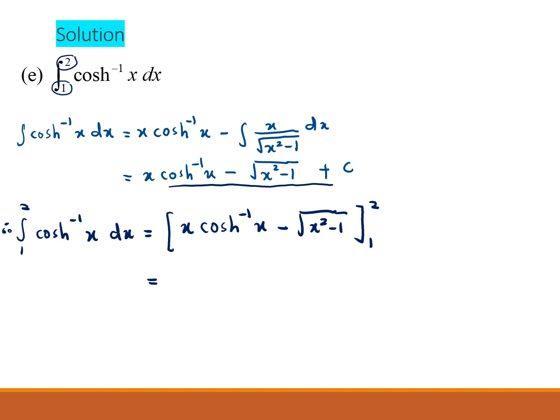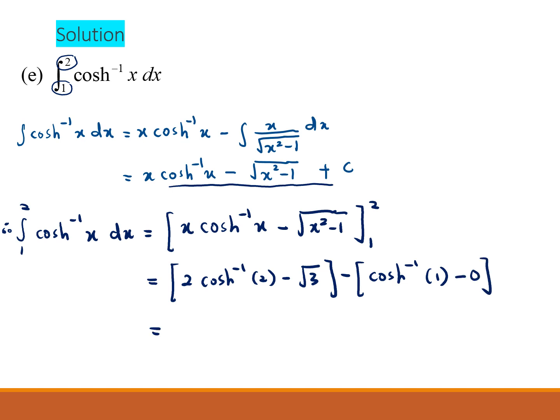So this will be 2 times inverse cosh of 2 minus the square root of 2 squared, which is 4, 4 minus 1 will be 3, minus 1 times inverse cosh of 1 minus 0. So by using the calculator, the final answer will be 0.9019.